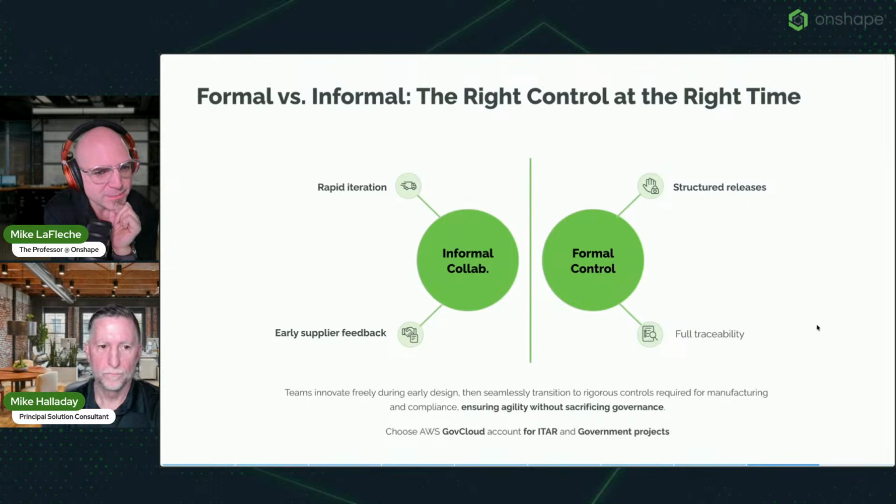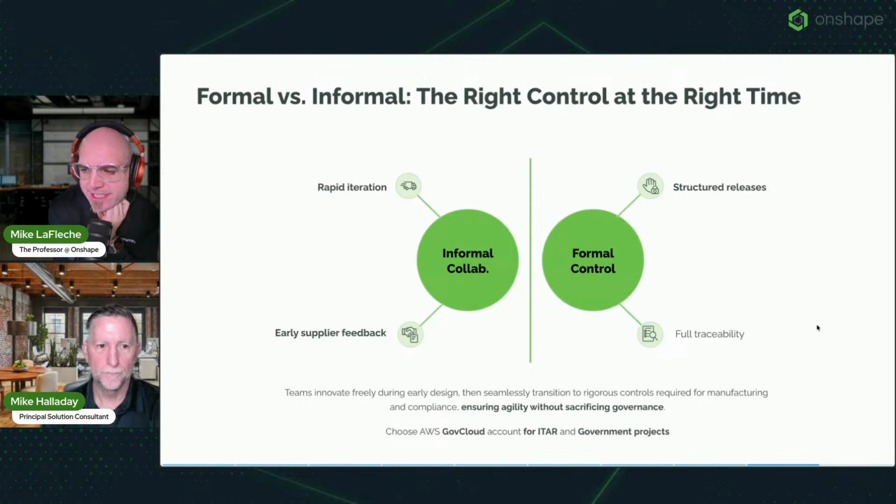Which package do you need on the government offering for Arena, Mike? We have a deployment on AWS GovCloud. If you have a requirement for export control, we would set up your workspace in the GovCloud instance versus our commercial instance. Same thing for Onshape too.